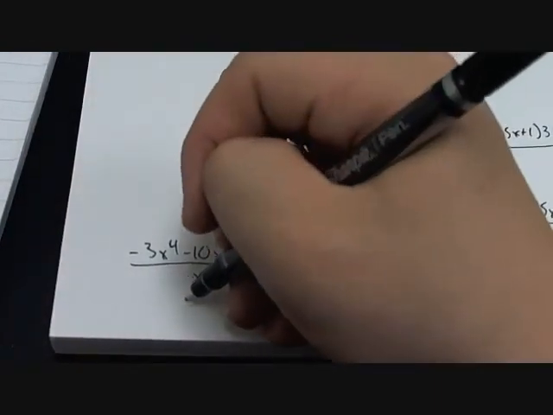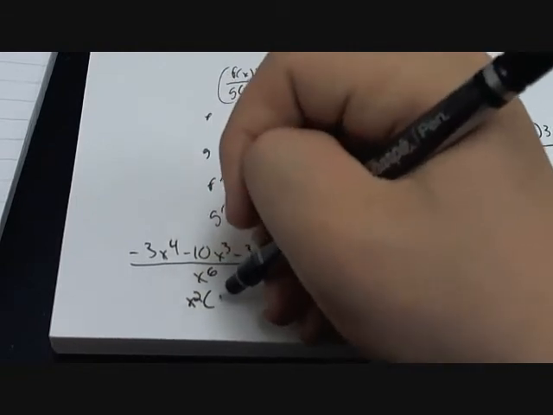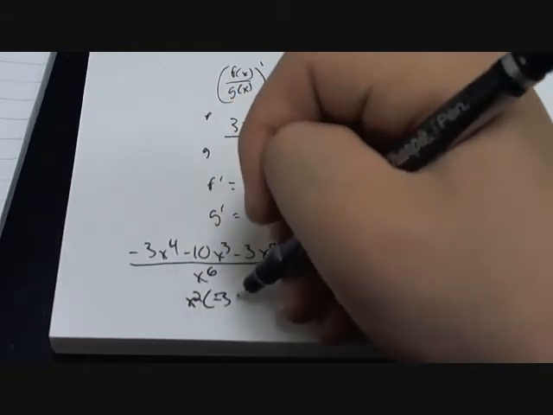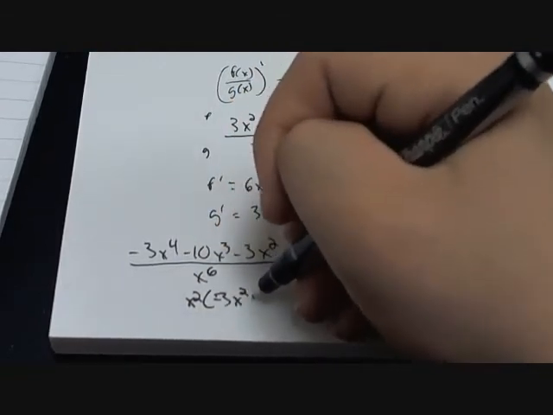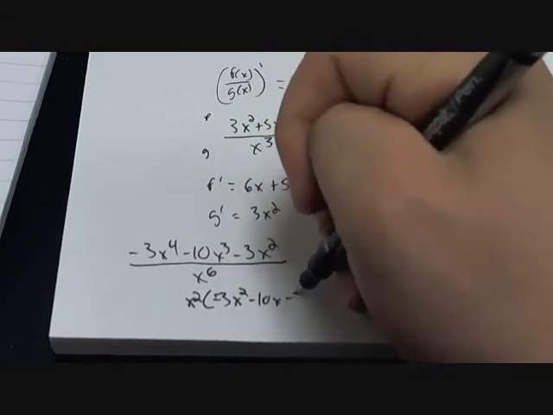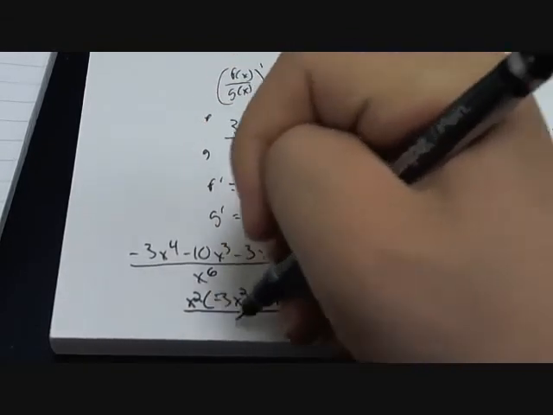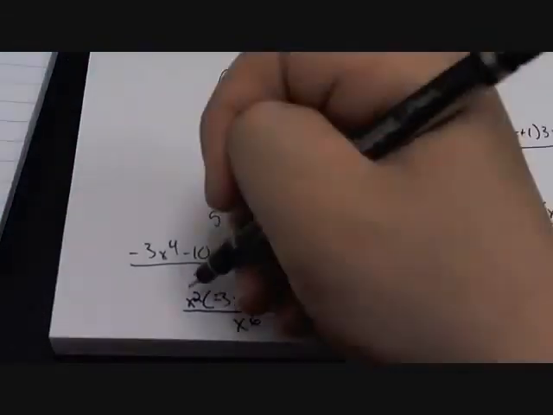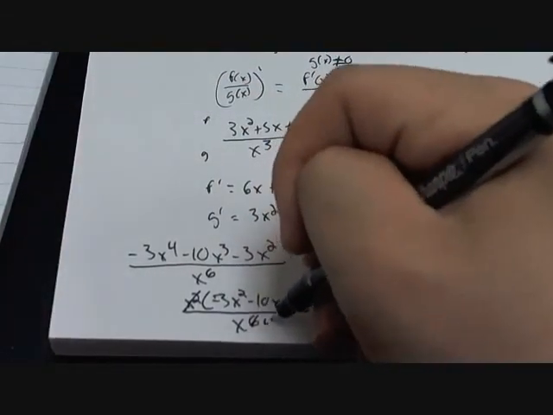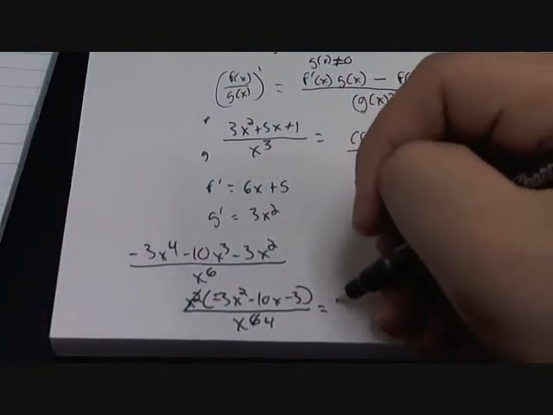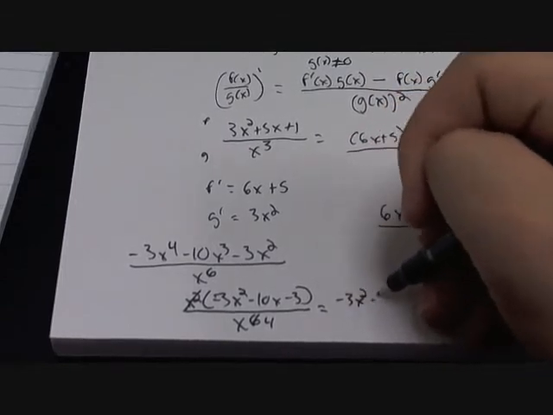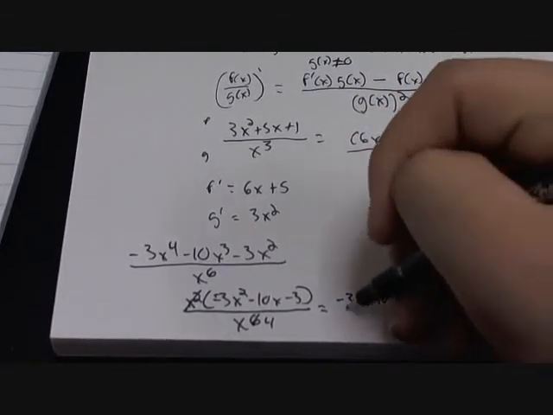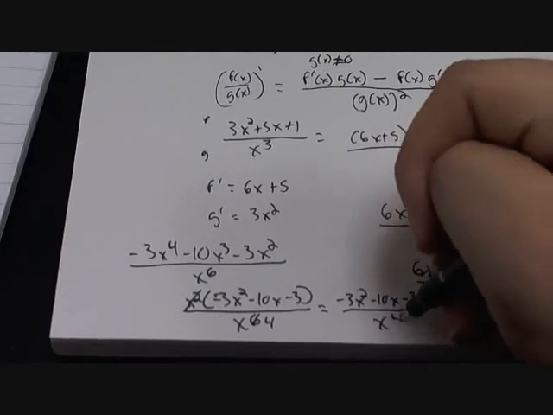You have x squared times negative 3x squared minus 10x minus 3, everything divided by x to the 6. This cancels, this becomes a 4. So you're left with negative 3x squared minus 10x minus 3, everything divided by x to the 4th.